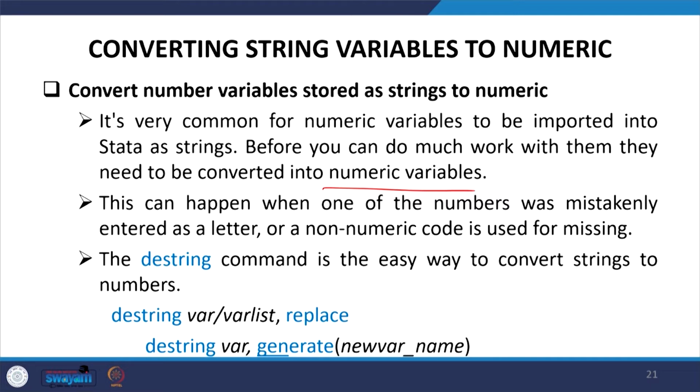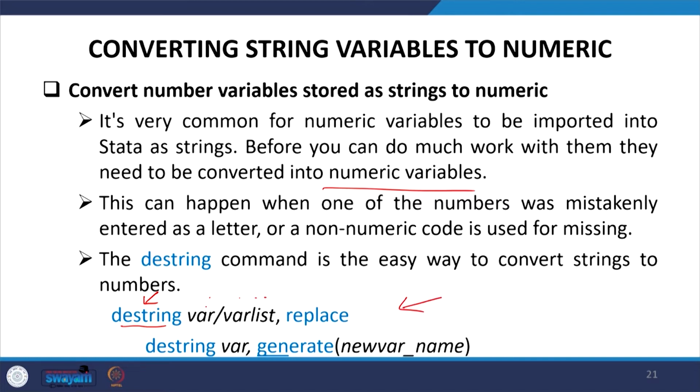The destring command is the easy way to convert strings to numbers, okay, and this is how you can do it. You simply write the command destring, then the variable or variable list. If there is more than one variable which are common identifiers to connect different blocks of information, in that case you include variable 1, variable 2, variable 3, then you destring them. And even in this case we are not defining the common identifier, we are simply making them numeric, okay.